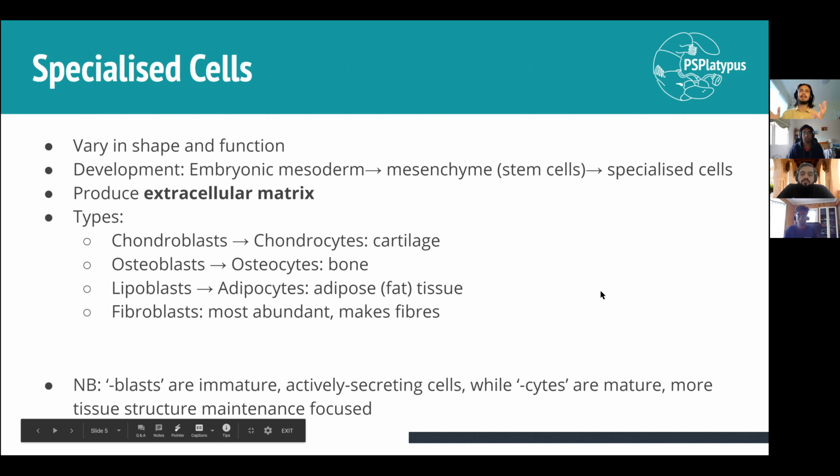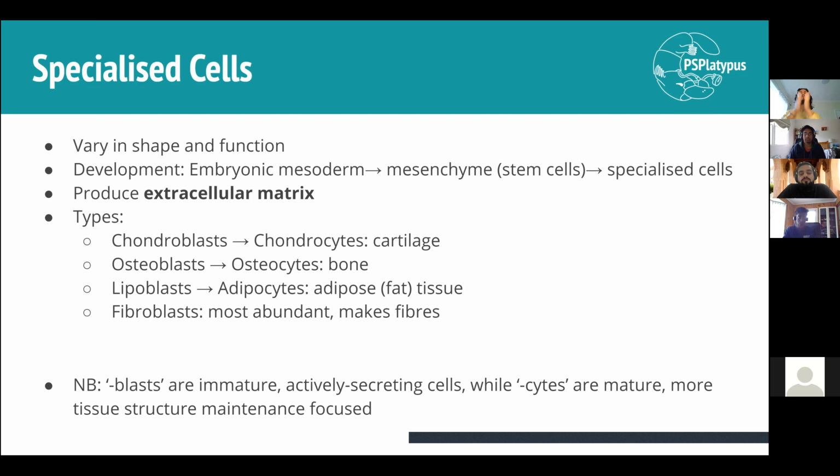So specialized cells, they vary in shape and function. There are different types of specialized cells. And they develop from the mesoderm. So the mesoderm develops into mesenchyme or mesenchymal cells, which are stem cells. And then those differentiate into different types of specialized cells. And specialized cells' main function is to produce, so secrete, extracellular matrix.